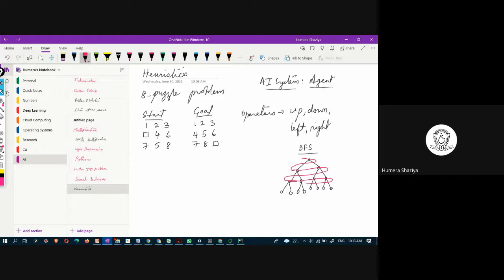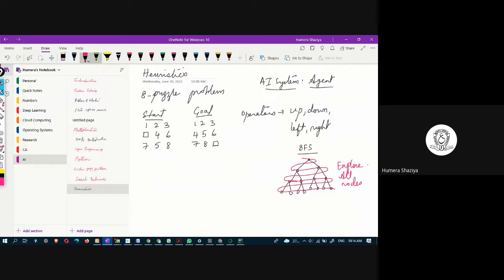Further we explore in this manner. This process continues, exploring all nodes in level wise fashion. This is our BFS.